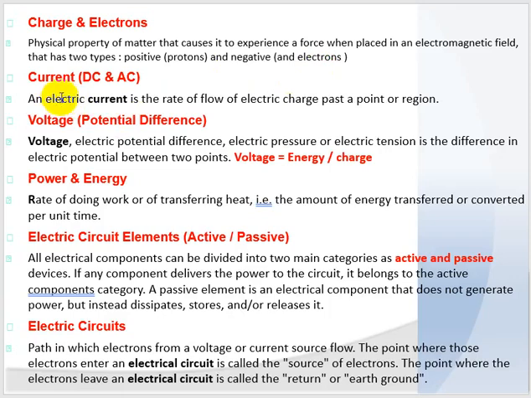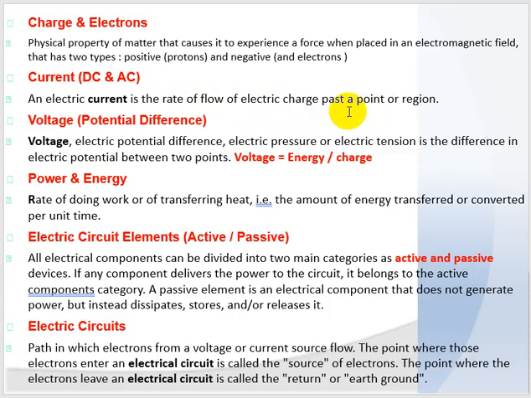Current could also be of two types. The first one is DC current or direct current. The second one is AC current or alternating current. An electric current is the rate of flow of electric charge passed in a point or region from one point to another point.